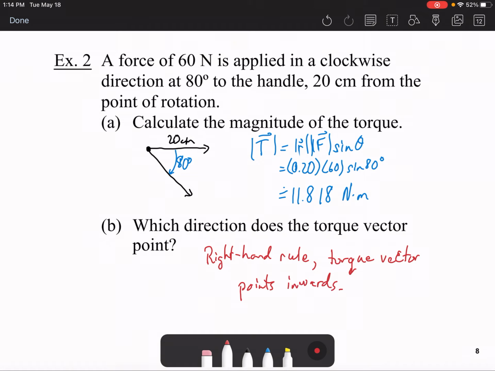Because again, I place my fingers along this vector where the 20 centimeters is. I can only naturally rotate my fingers towards the end spot, and therefore my thumb has to point inwards.